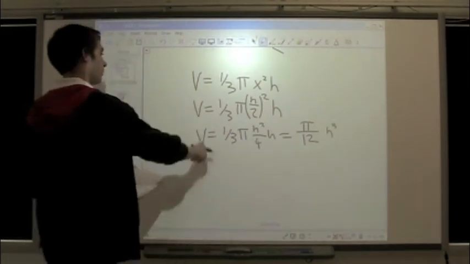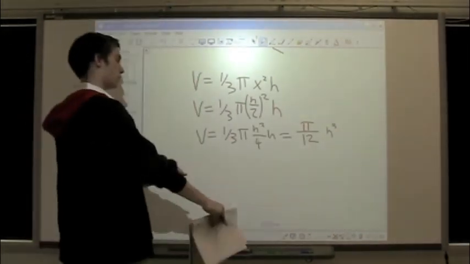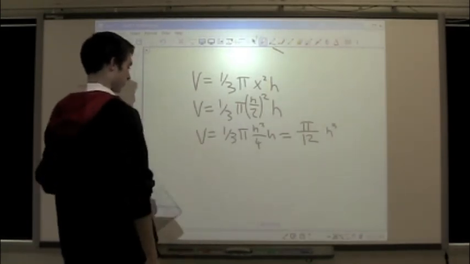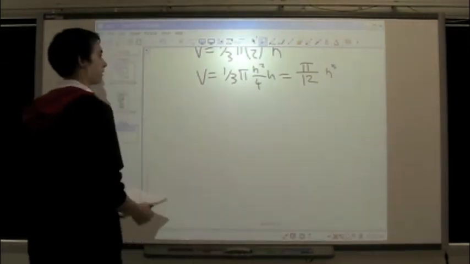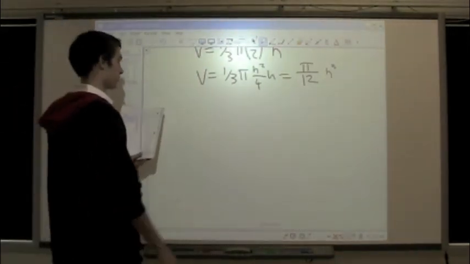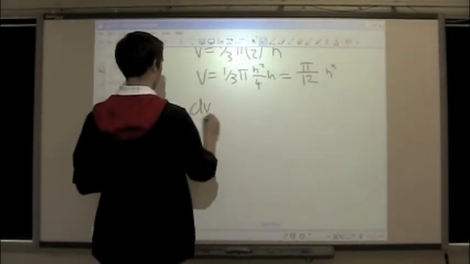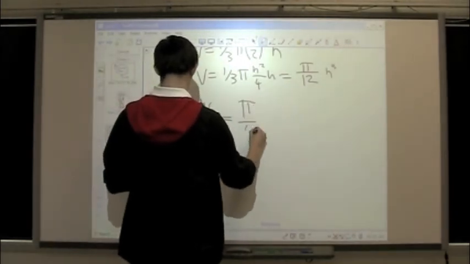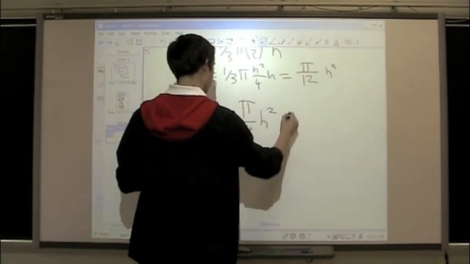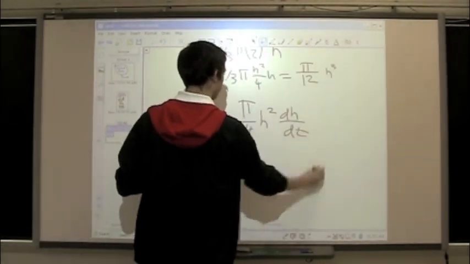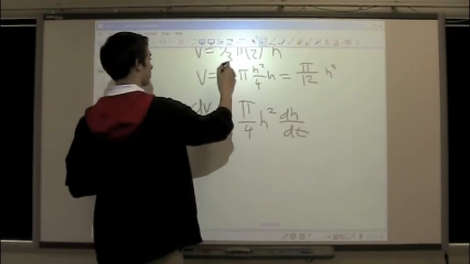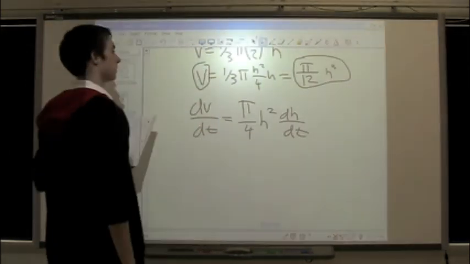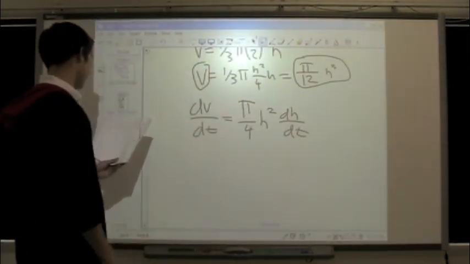Okay, so we have volume equal to pi over 12 h cubed, and we implicitly differentiate this equation, as you have to do with all related rates problems, to find the relationship. So this is the derivative of this equation. This is just simplification. So basically this is equal to this, and then I differentiated that in here.